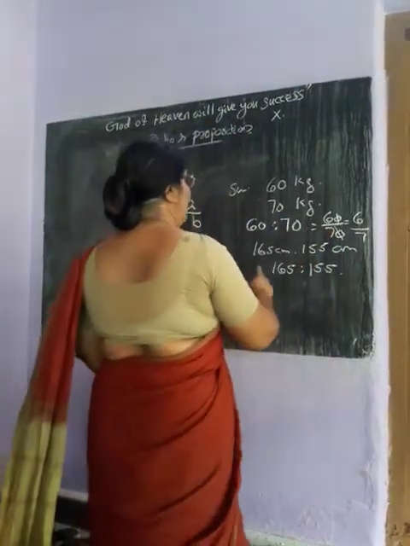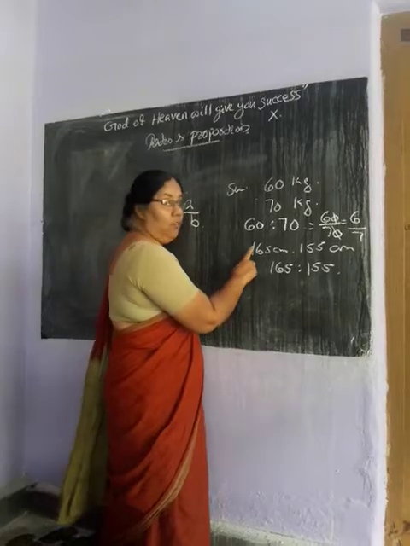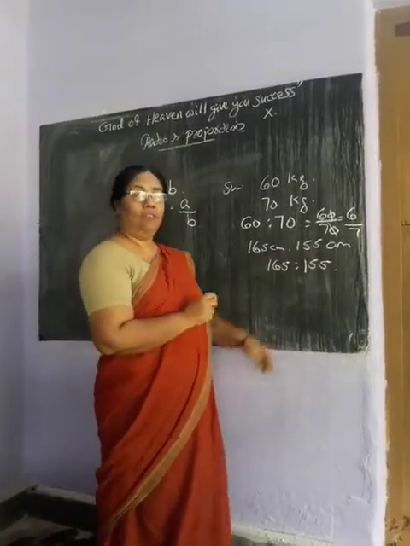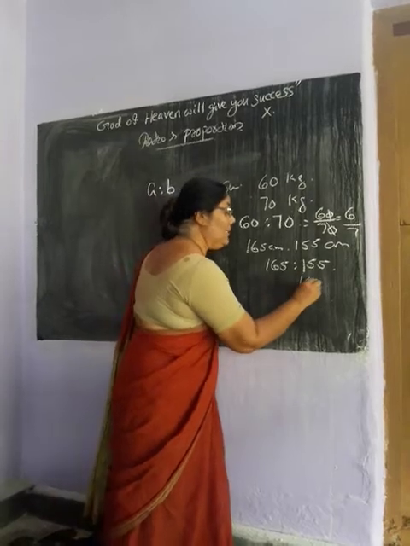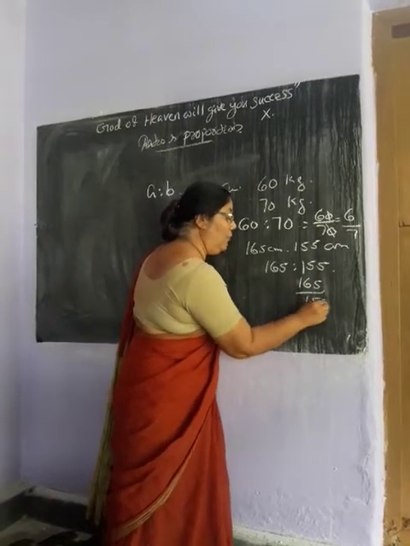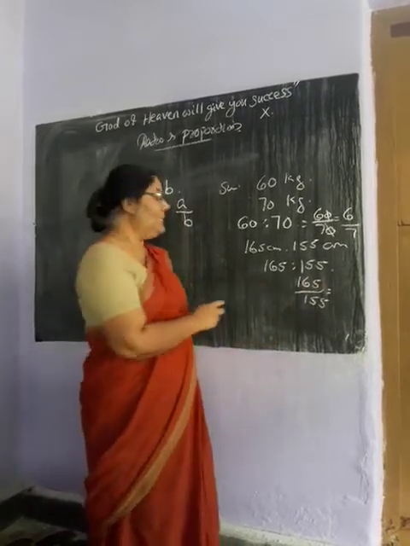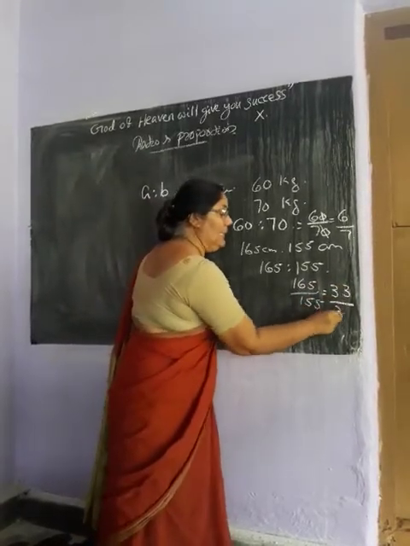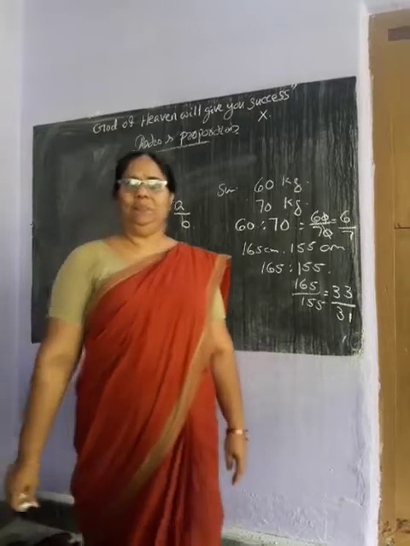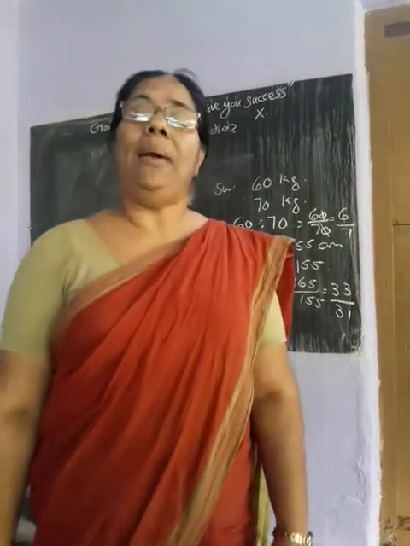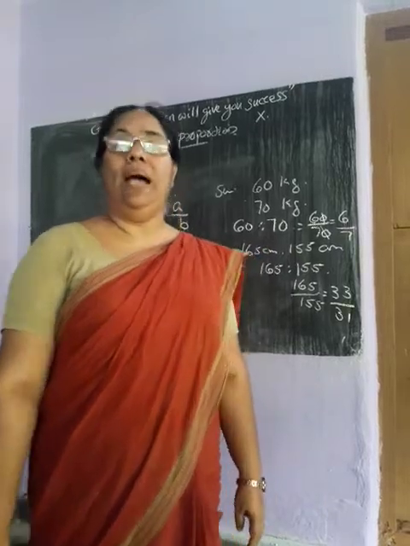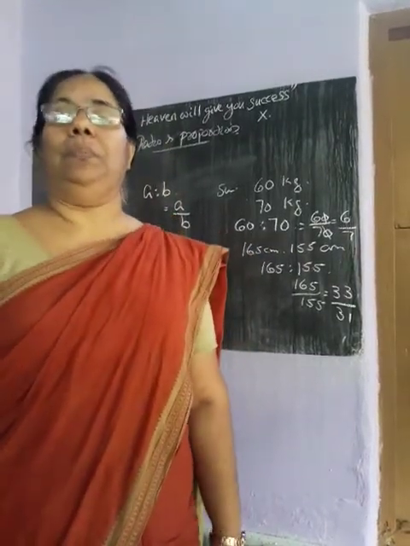Then the height of Achu and Tasnim: 165:155 means 165/155. 5 3s are 15, so 33/31. Listen, comparison of same quantities is known as ratio.